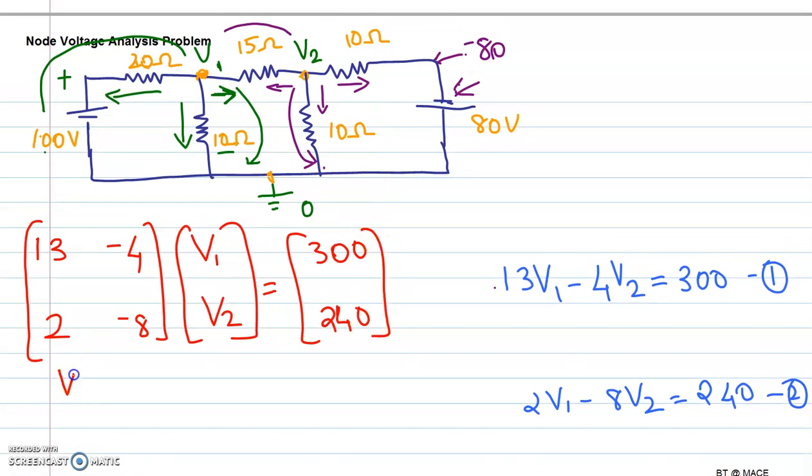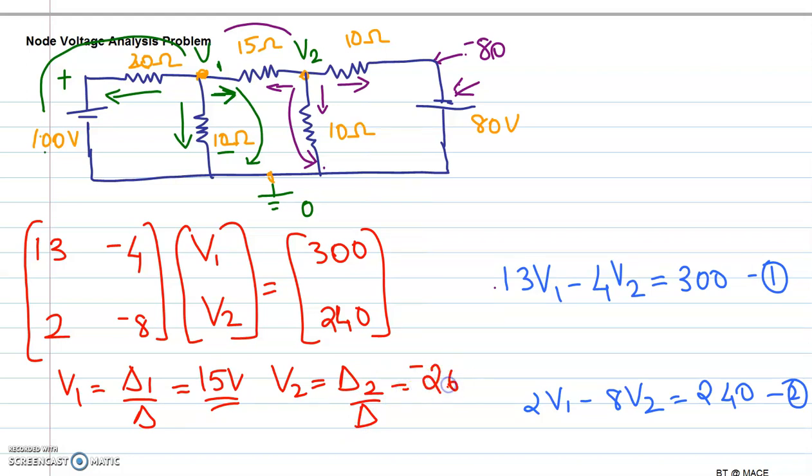Now using Cramer's rule, you can solve it. V1 is equal to delta 1 by delta, which we have explained in our previous lecture related to the mesh analysis. So you will get the answer of V1 as 15 volt, and V2 can also be solved as delta 2 by delta. You will get the answer as minus 26.25 volt.